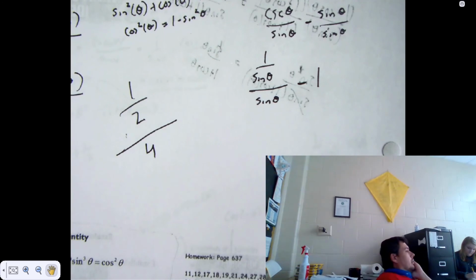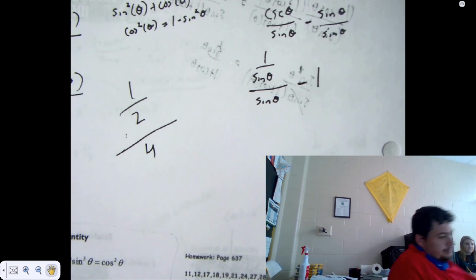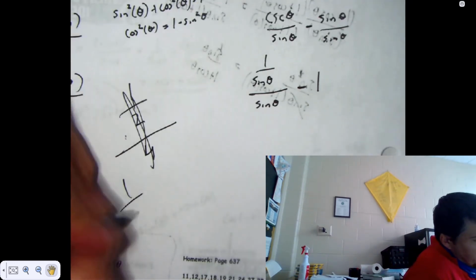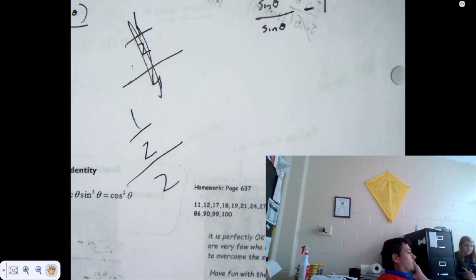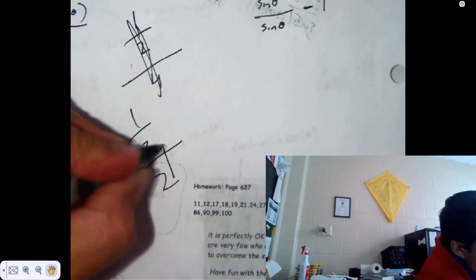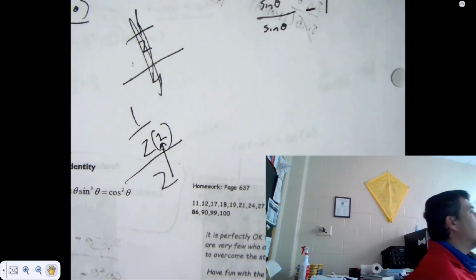What's a half divided by 4? Okay, let's do this a little easier. What's a half divided by 2? 1/4. Because all you do is you move that piece right there and change it to multiplication. That's all you do.